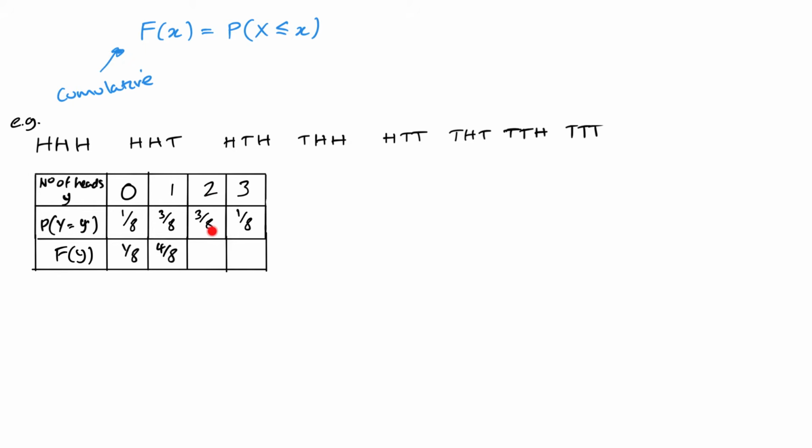Adding this one to the previous one gives me 7/8. And then less than or equal to 3 is going to have a total of 8/8 or 1. Simplifying these, this one should just be 1, and my 4/8 can be written as a half.